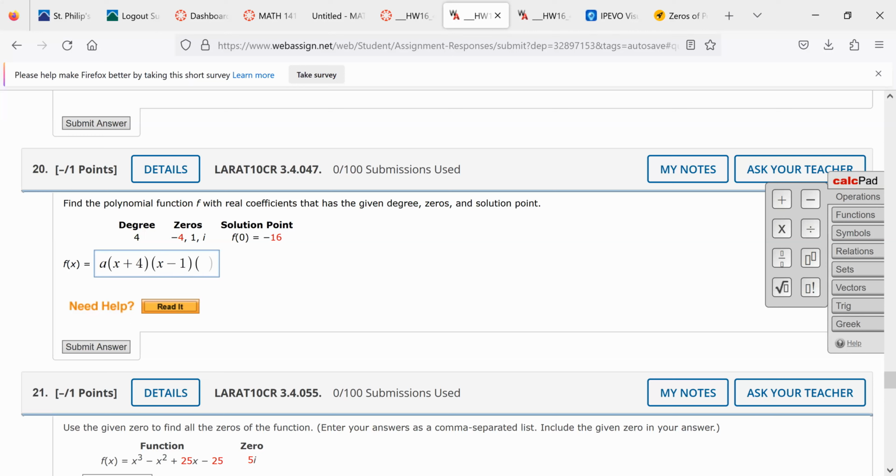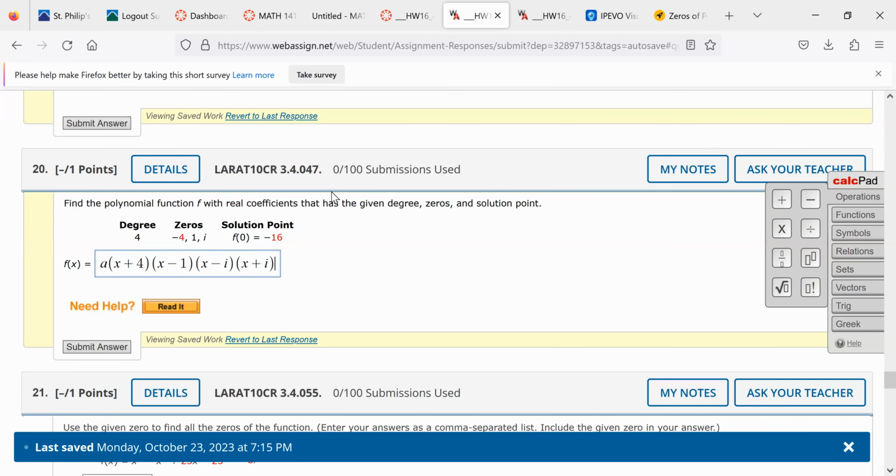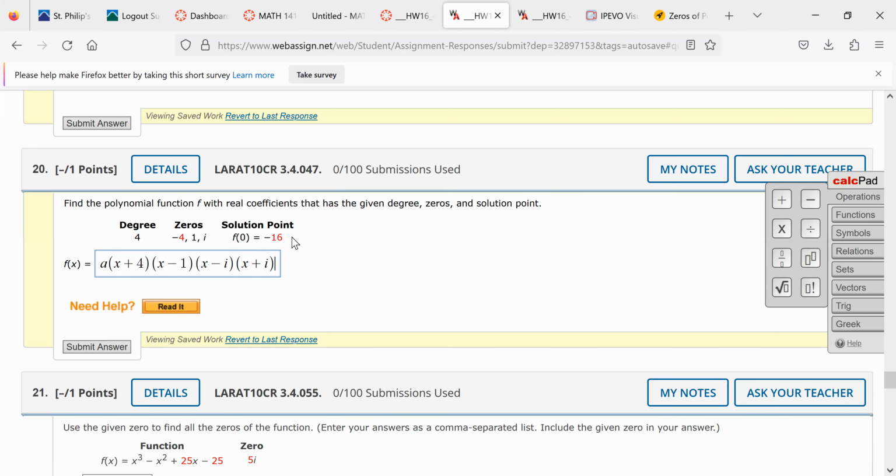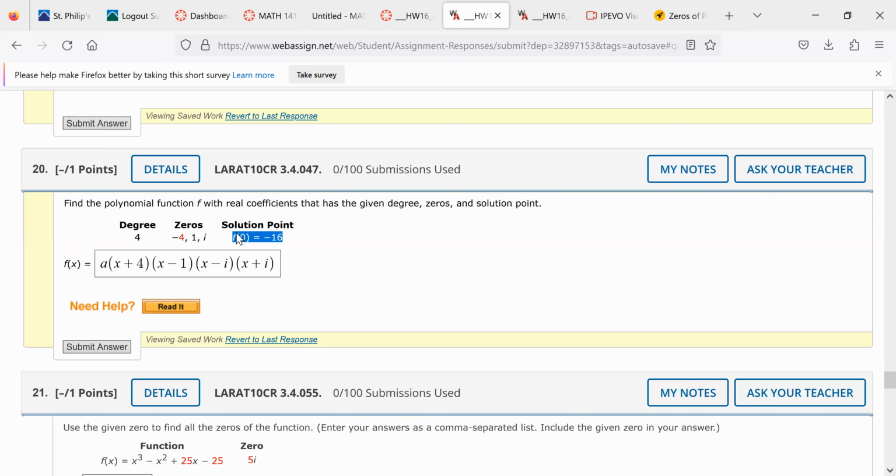Here we have x minus i and x plus i. So we need to solve for A using this solution point, okay?